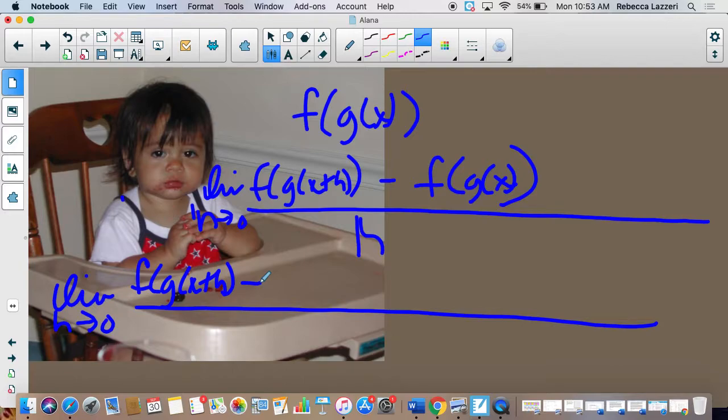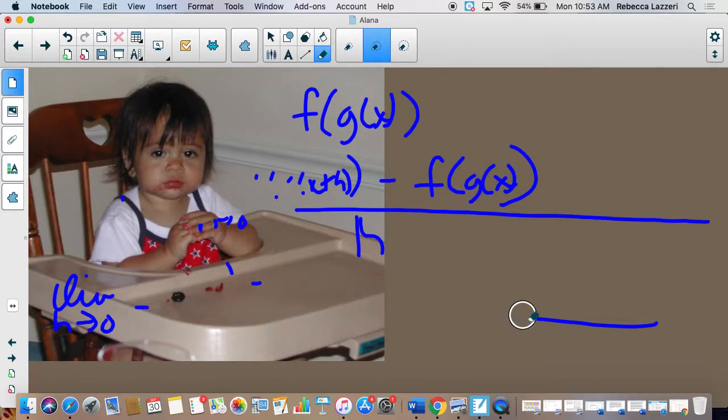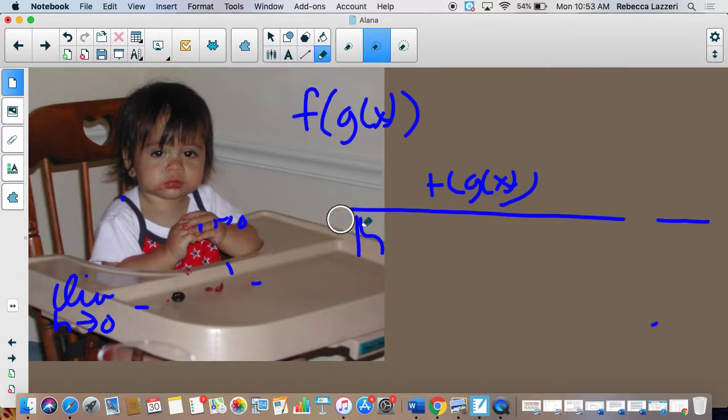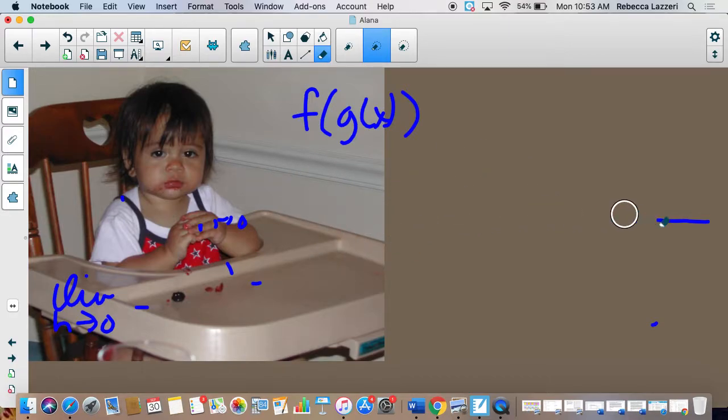So I may do this one for you next time after I think about it a little while. We could introduce something in here that would get us the chain rule, but I'm going to do this proof that I looked at earlier with the alternate form. Sorry. All right, so let's do the alternate form.